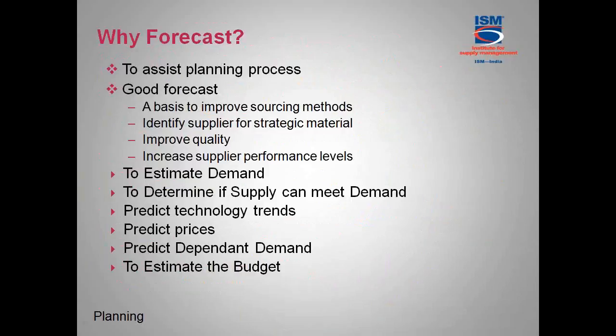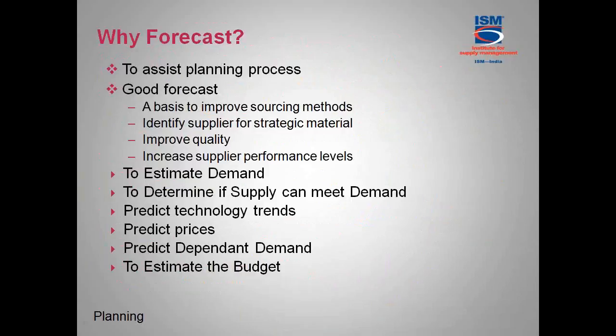Take the example of the manufacturing industry, where nowadays people are talking about 3-dimensional printing. If you can forecast it well in advance, you can take action accordingly. Also predict the price, predict the dependable demand, and establish the budget. That is the most important part of forecasting.